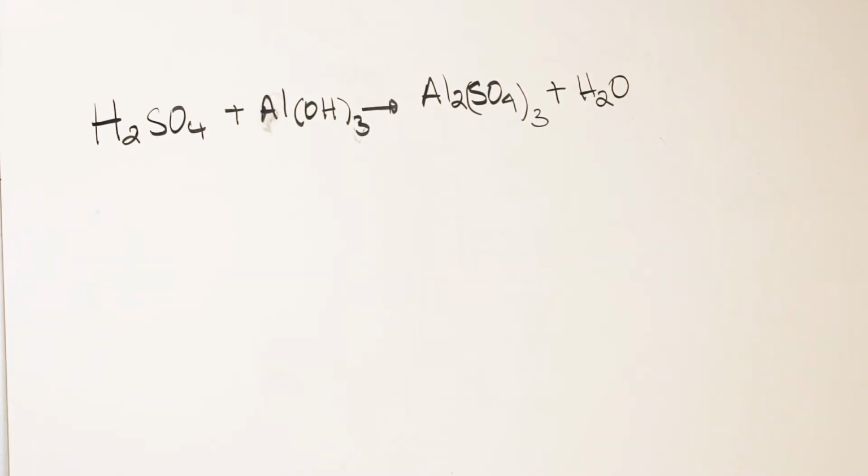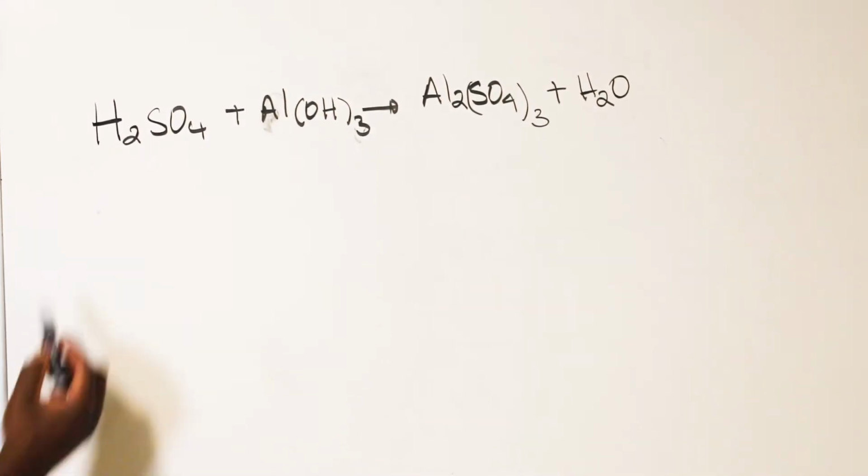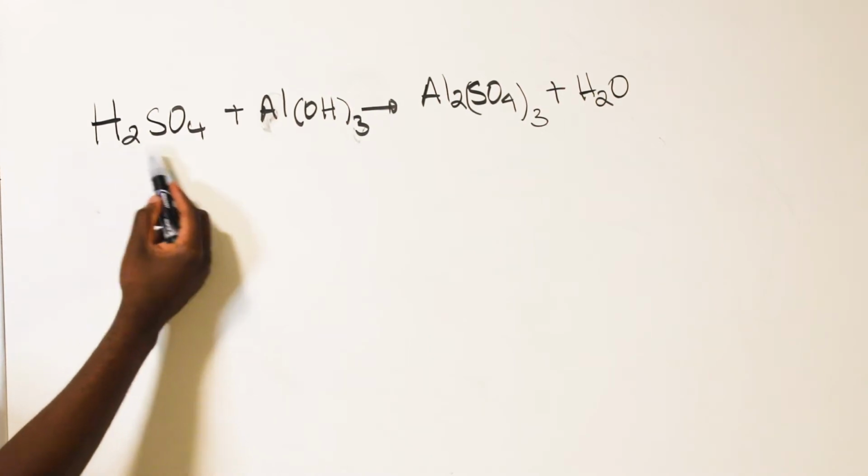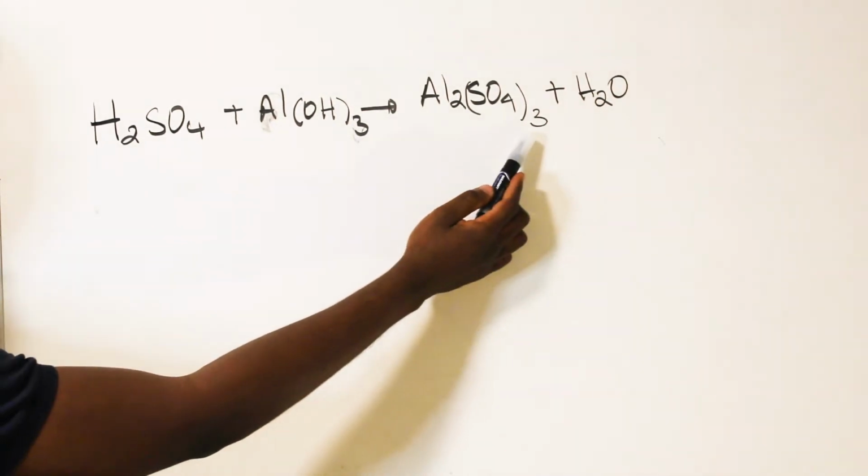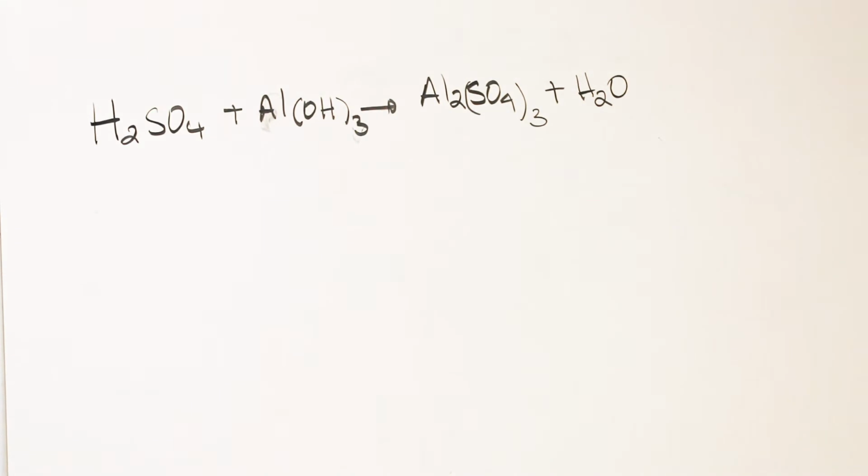In balancing equations, there are a couple of rules. When we balance an equation, we cannot add subscripts. What I mean by subscripts is these little numbers, like these 2, 4, 3, 3, 2, 2. Those are subscripts. When we balance, we can only add coefficients.